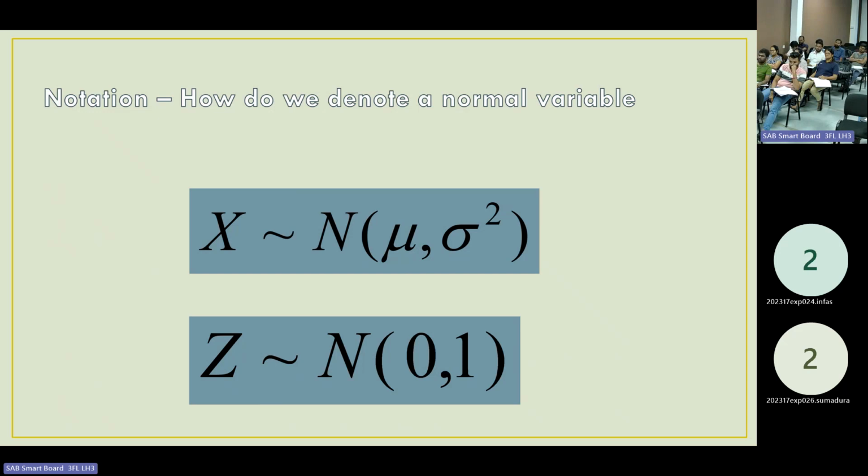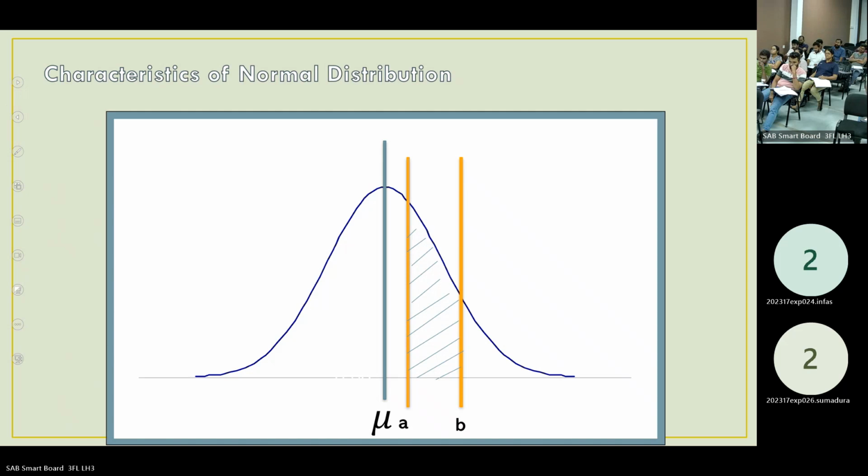Now earlier we drew the diagram for the normal variable. Here we wrote mu. Mu means the mean of the variable. But if we draw the same structure for Z, how would it look?